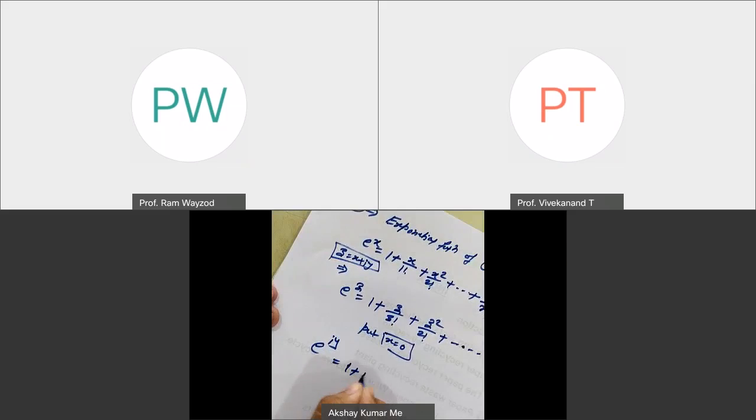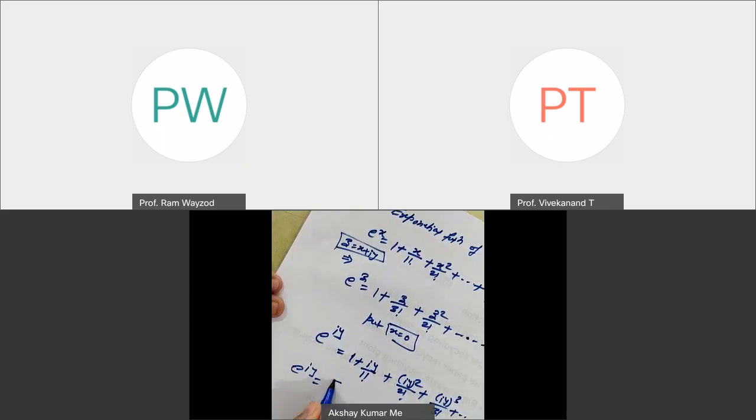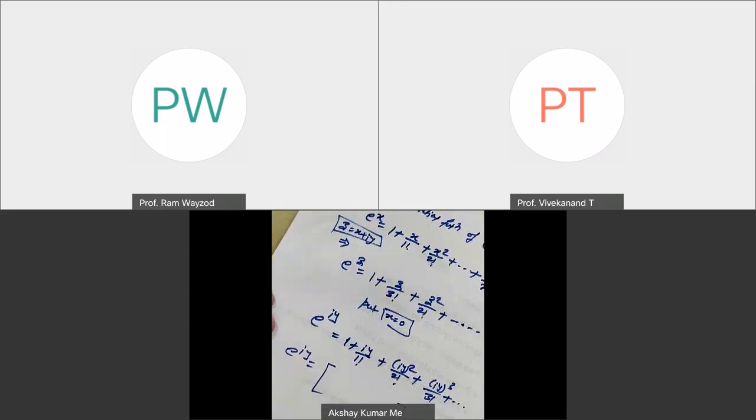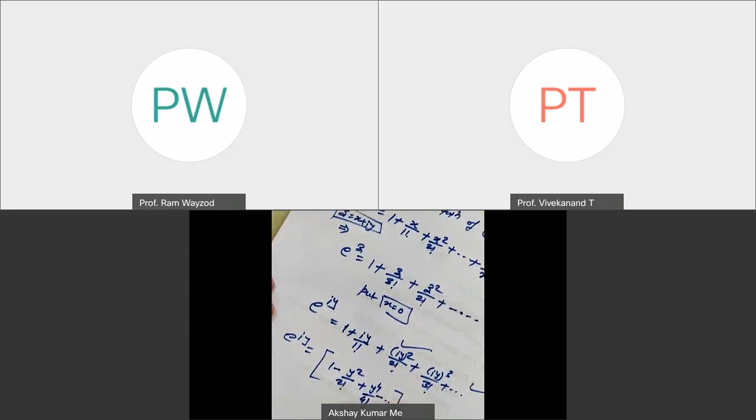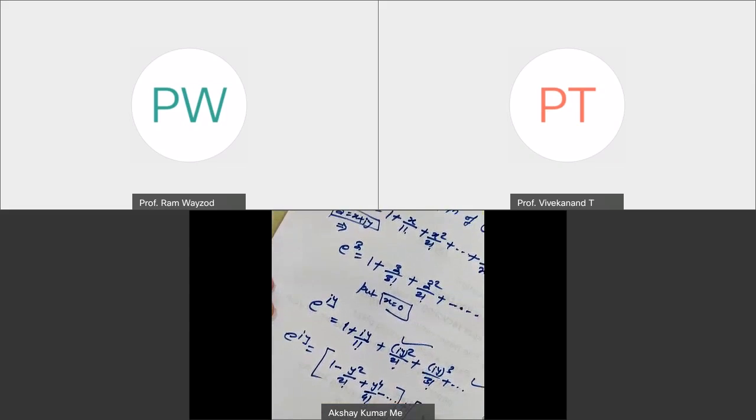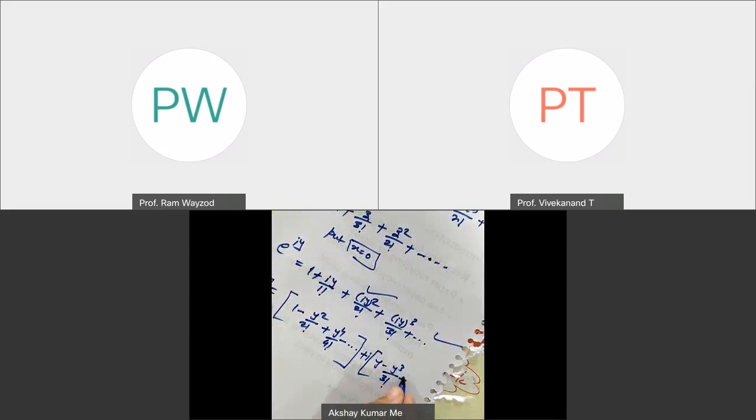is equal to 1 plus iy upon 1 factorial plus (iy) square upon 2 factorial plus (iy) cube upon 3 factorial and so on. So e to the power iy is equal to the even terms, 1 minus y square upon 2 factorial plus y to the power 4 upon 4 factorial, with alternate signs in this way, plus i times y minus y cube upon 3 factorial plus y to the power 5 upon 5 factorial.